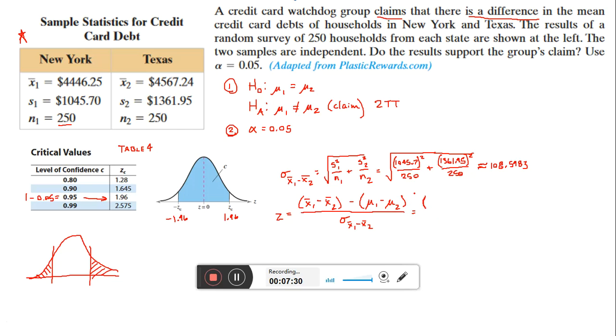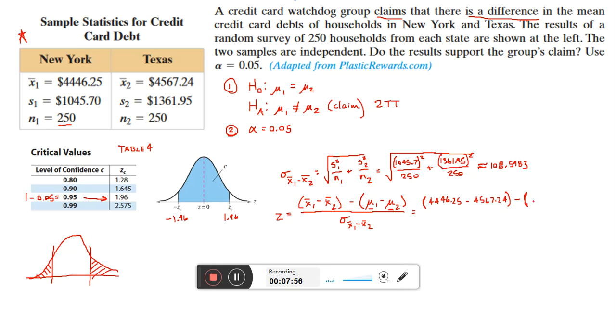All right, so x bar sub 1 is $4,446.25. We're going to subtract 4567.24. Now, the averages or the means of the population. Well, remember H sub 0 said that these two guys were equal.